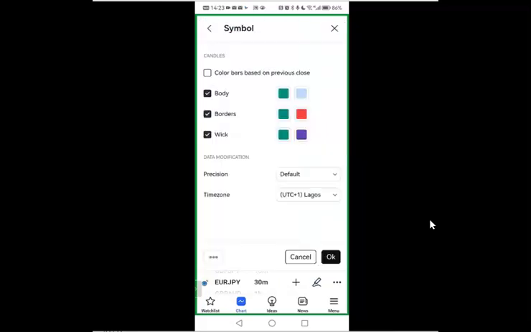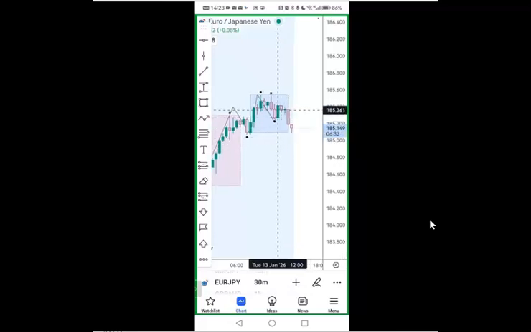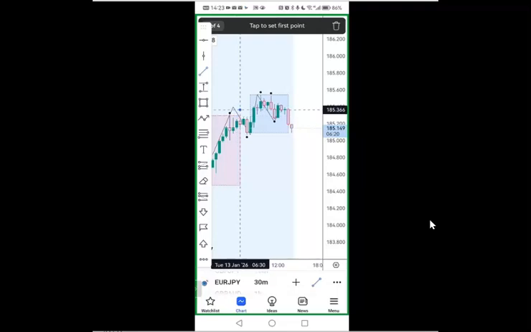Once you then got this bullish engulfing candle, it just confirms that yes, there is a possibility of further moves up. But when you look at it, this is where you have your break of structure right here.